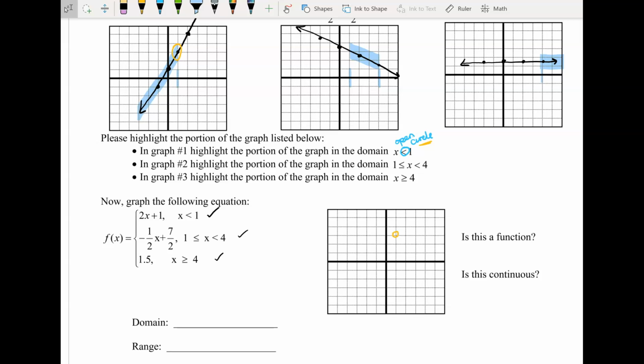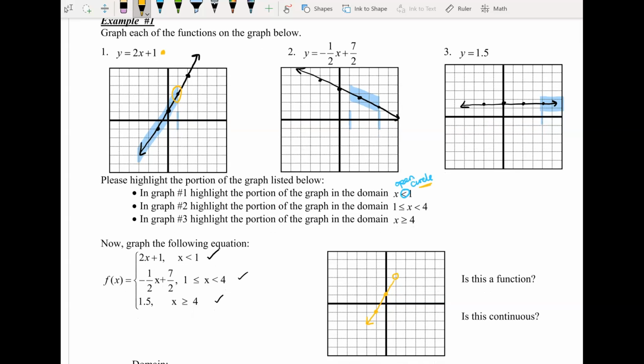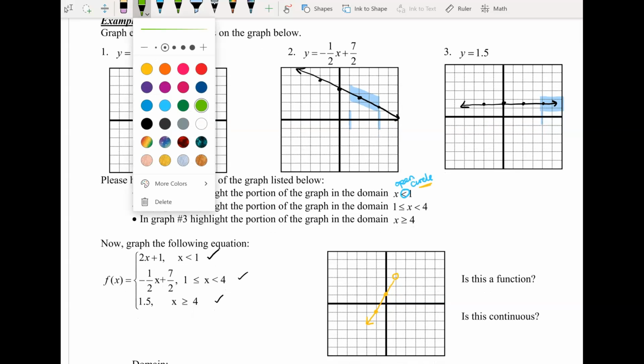The next point that I see is 0, 1. And I also see a point at -1, -1. So that's going to help me draw this part of the piecewise function. Since x is less than 1, it is an open circle and it goes on forever to the left. For the middle part, let's switch colors just so we can see the distinctions. I'll use green.